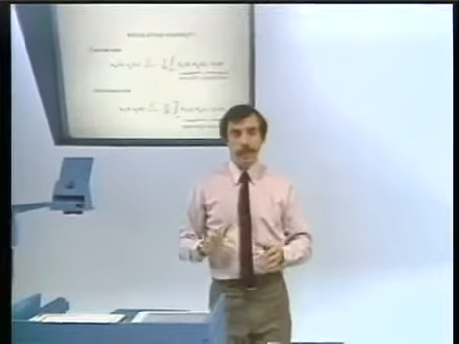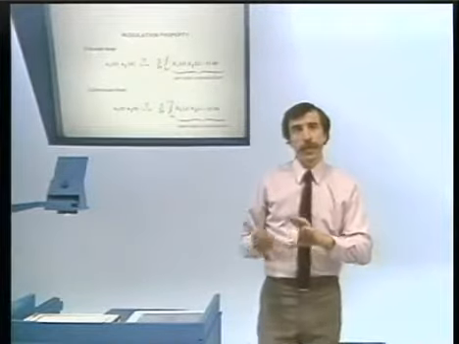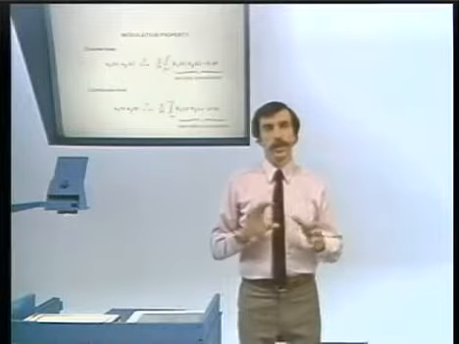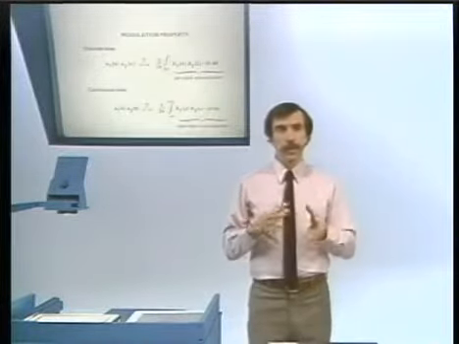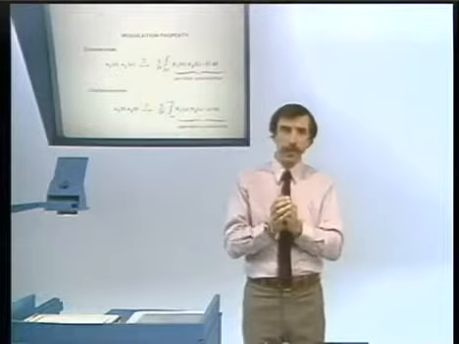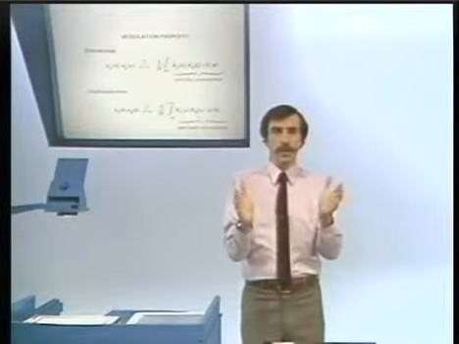So again, we have a convolution property in discrete time that is very much like the convolution property in continuous time. The only real difference is that here we're convolving periodic functions, and so it's a periodic convolution which involves an integration only over a 2 pi interval rather than an integration from minus infinity to plus infinity.